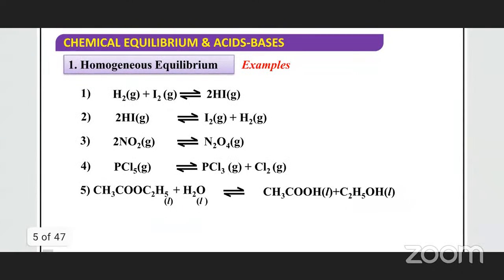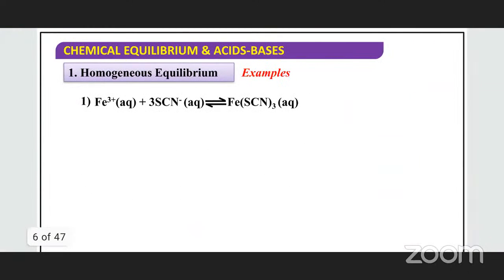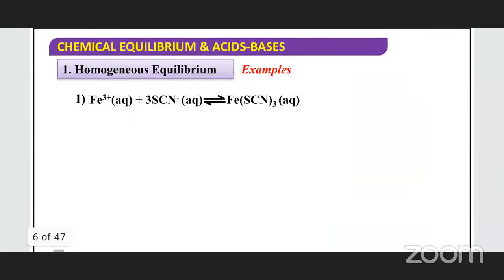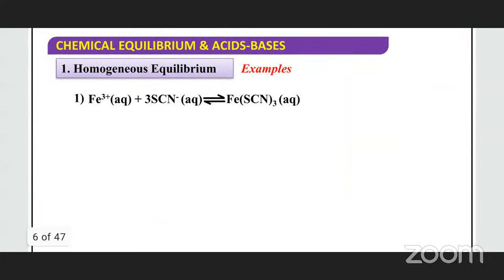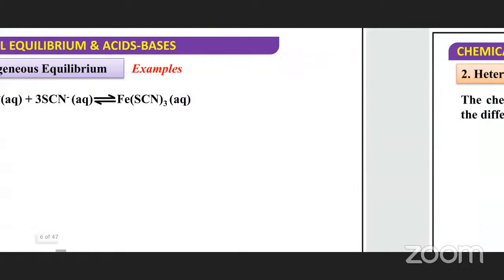These examples are homogeneous equilibria. Another one: Fe3+ plus SCN minus gives rise to Fe(SCN)3, ferric thiocyanate. Reactant and product are in the same physical state.